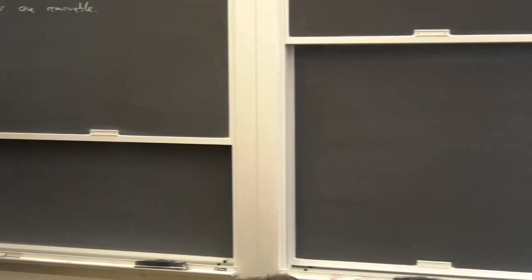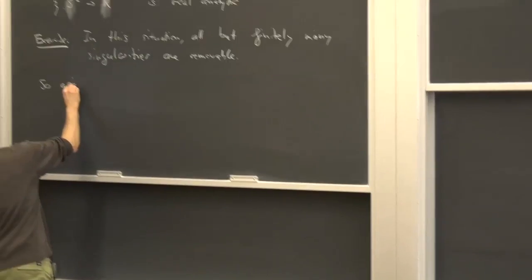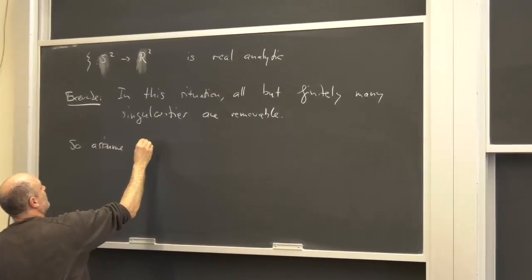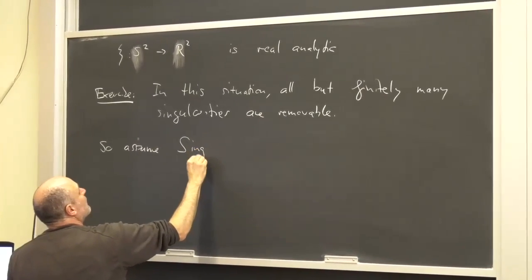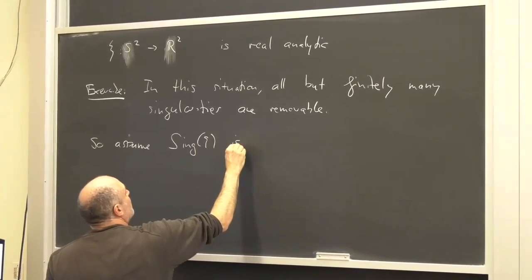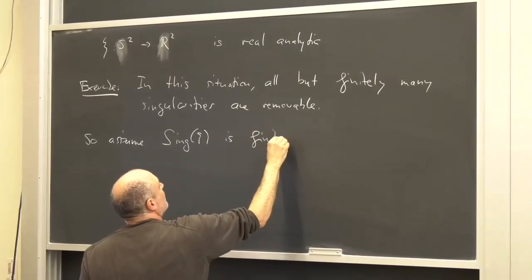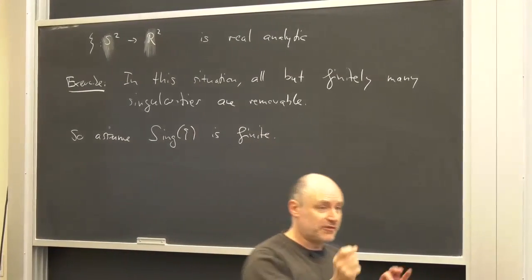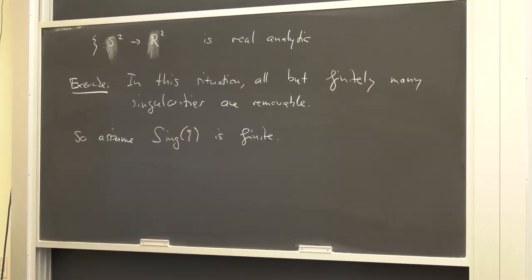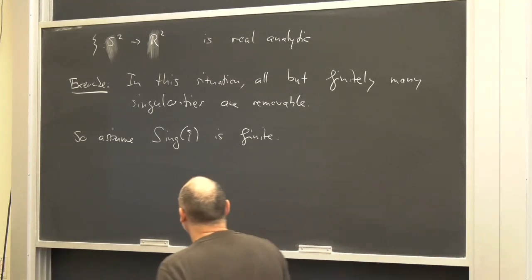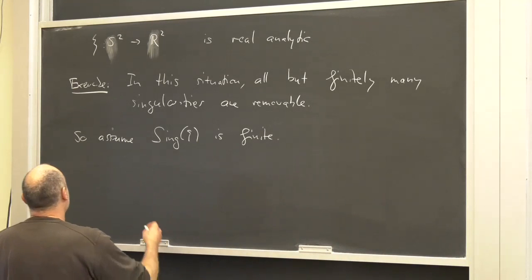Okay, so we are going to assume that the set of singularities is finite. Okay, so we just have finitely many singular points in our cell decomposition. They appear in our cell decomposition. And so now we are going to look at what we call a correspondence map in this situation.